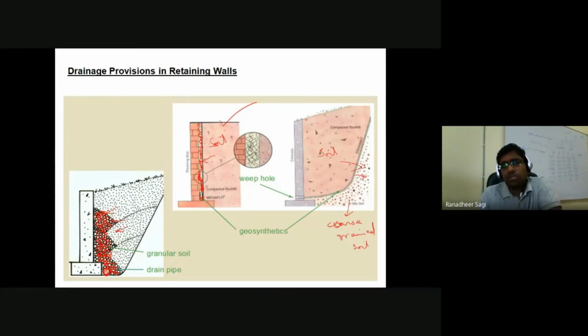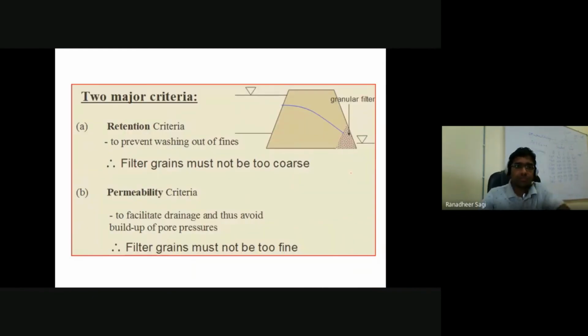It also ensures that proper drainage takes place through your soil, and it can also increase the stability of the soil existing in this region. It increases the bearing capacity of the soil in this region. So you have different advantages by providing a proper drain or filtration medium, so that you can minimize the issues in the case of your retaining structure.